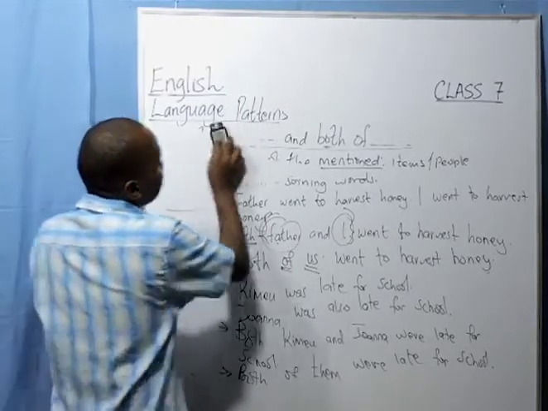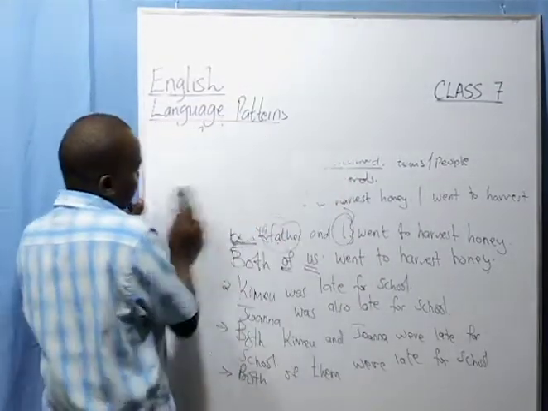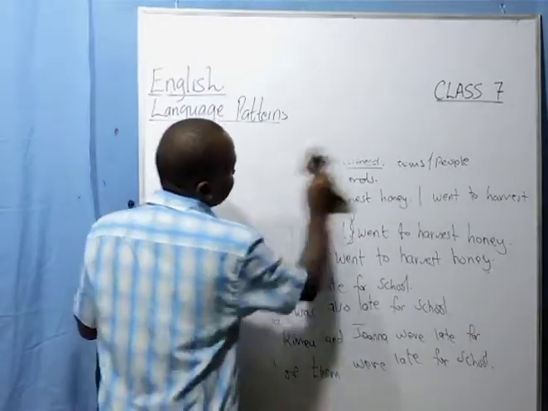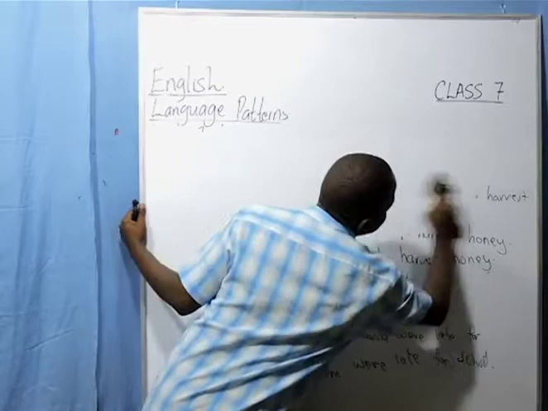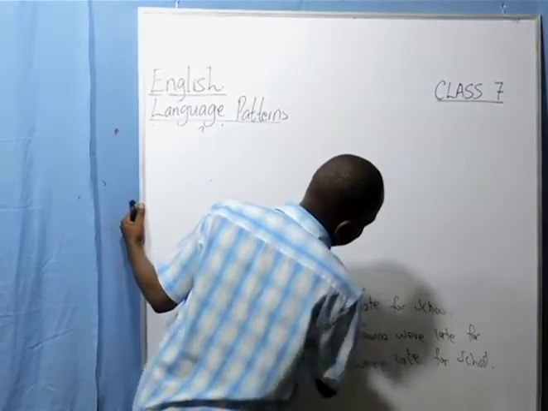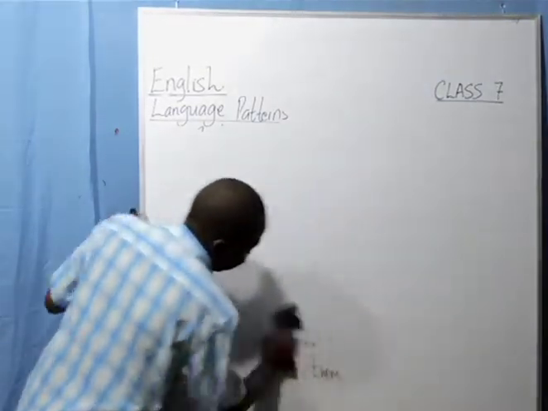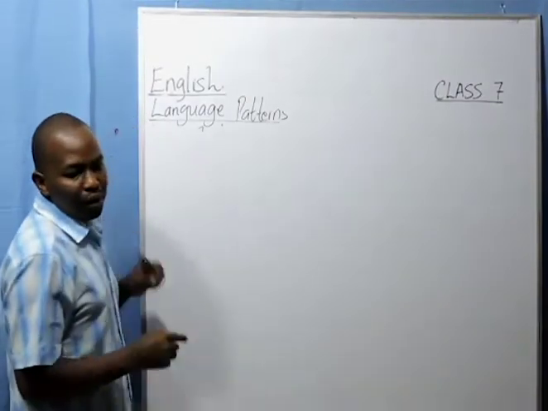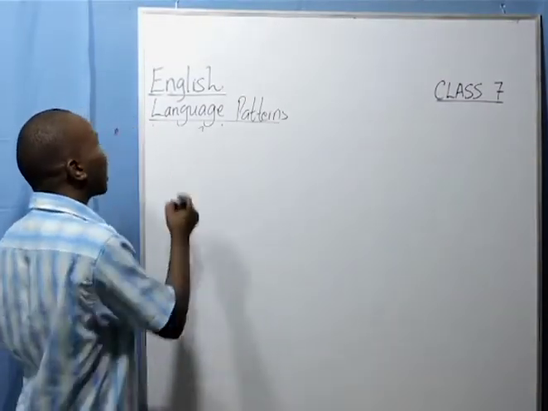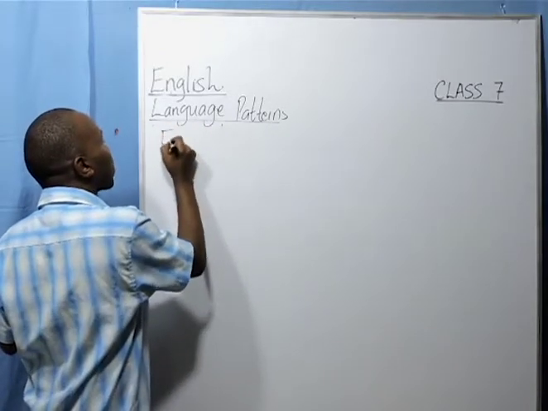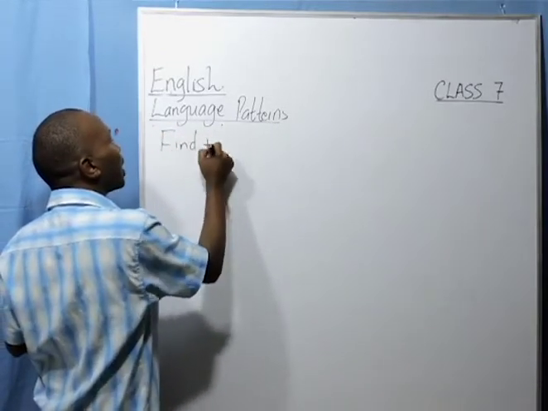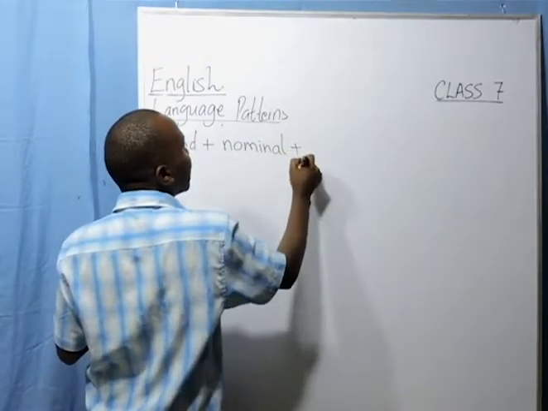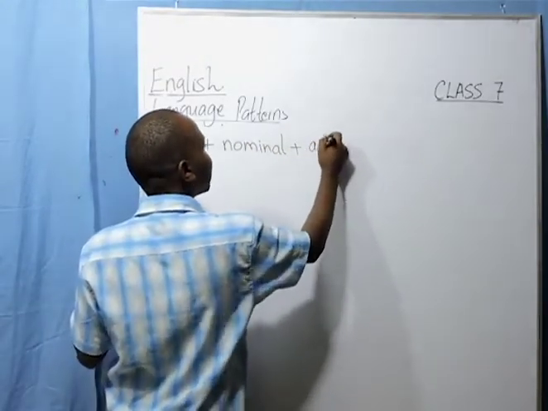Now let's look at another pattern that we shall find in this unit of ours. And now this one is what we refer to as the use of a nominal, plus what we call find. So we have find plus nominal, plus an adjective.